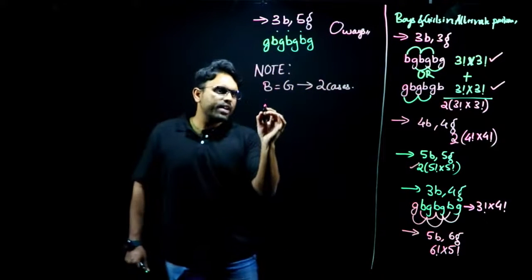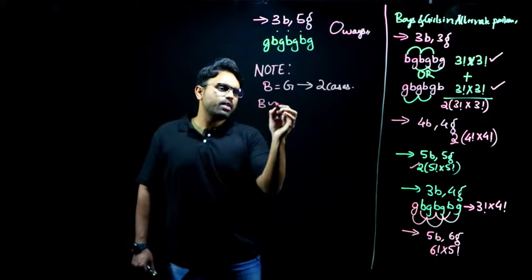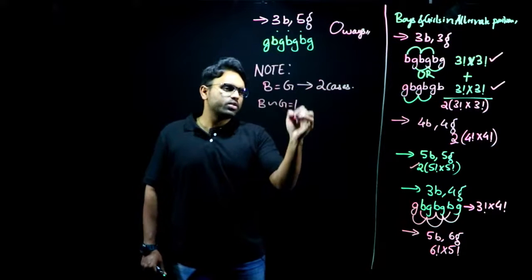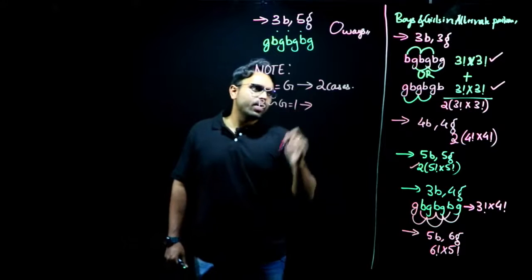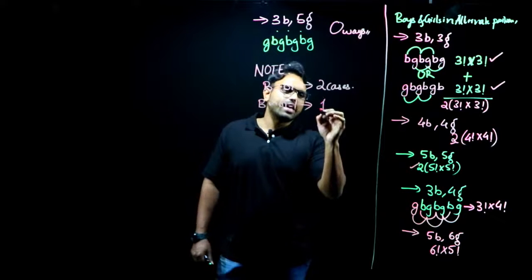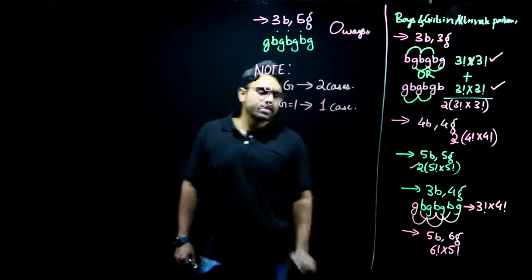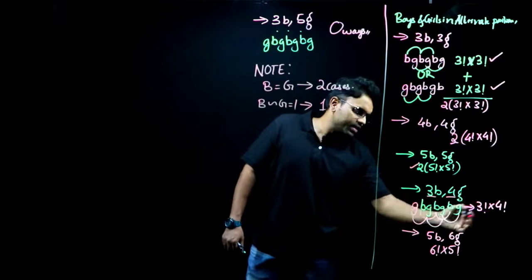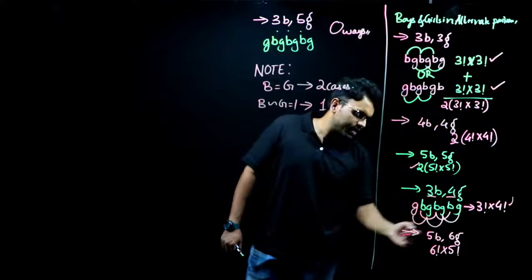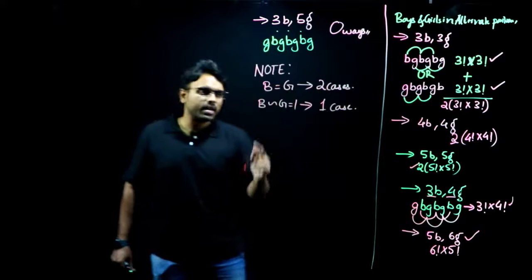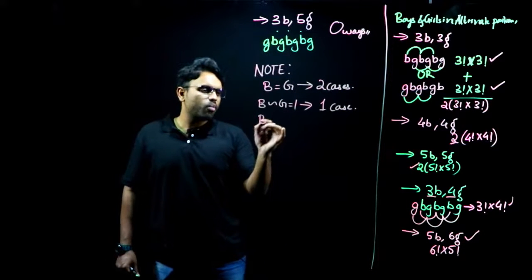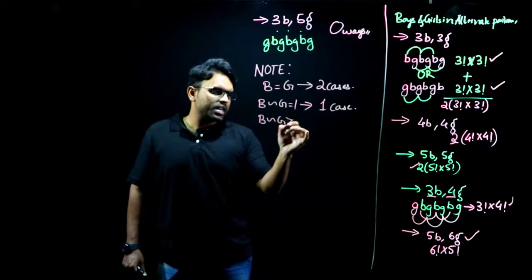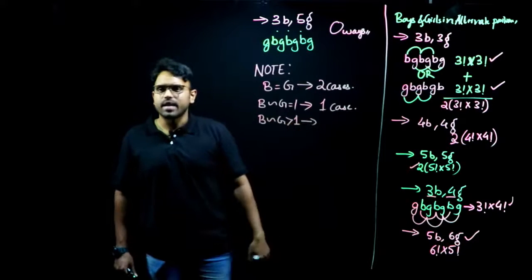When the difference between boys and girls is equal to 1, how many cases will you have? You will have only one case. You will have only one case when the difference between the boys and the girls is 1. But when the difference between boys and girls is greater than 1, how many cases will you have?